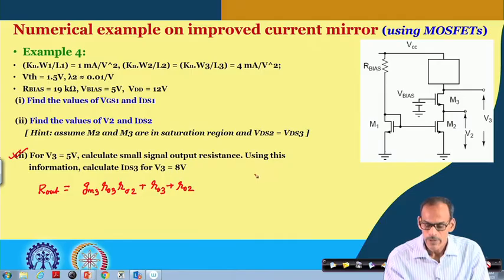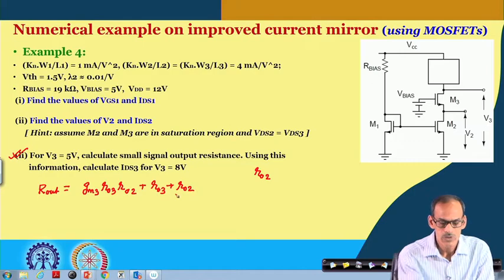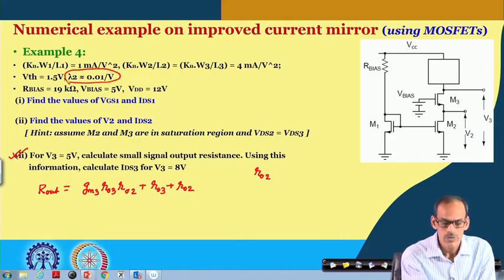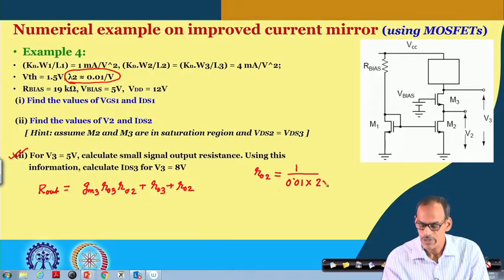Now, RO2. In fact, for all the transistors we assume that lambda is equal to 0.01. So, RO2 is 1 by lambda, 0.01, multiplied by its current, which is 2 milliampere, and that gives us a resistance equal to 50 kilo ohm.